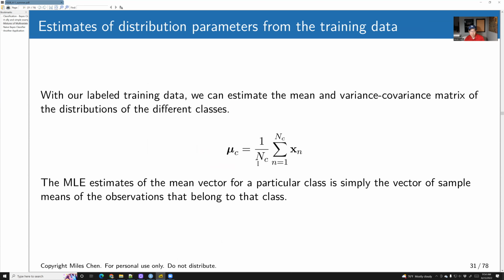So to estimate the mean, we're just going to take the mean of the observations that belong to that particular class. So I'm going to just say, okay, what are the observations that belong to that particular class? And let's take the mean of those observations.